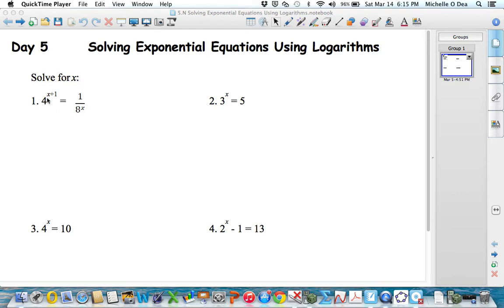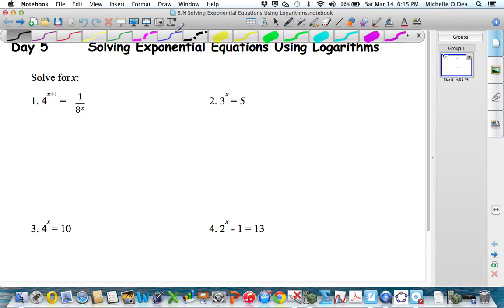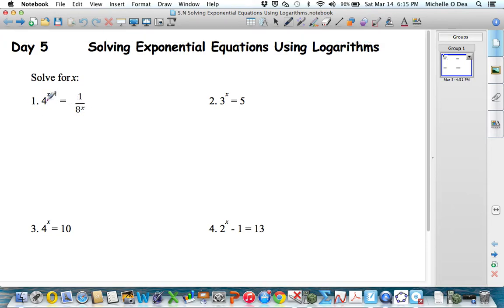So if we start with question 1 here, when we have exponential equations, and particularly if we have an exponential on both sides, like we do here, 4 to the power of 2 and 8 to the power of x, we need to look at the bases and decide, can we write both of these numbers in terms of one number as an exponential where they both have the same base?